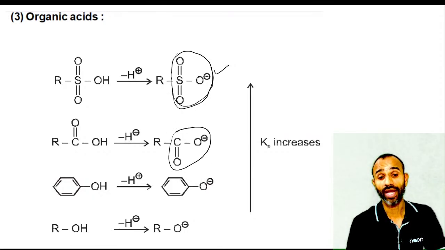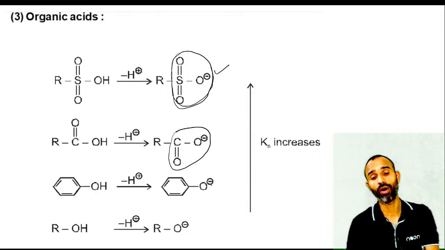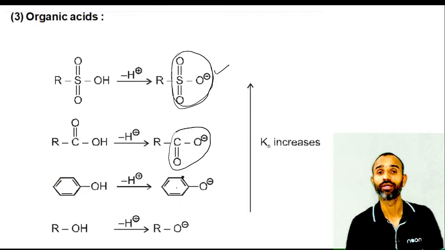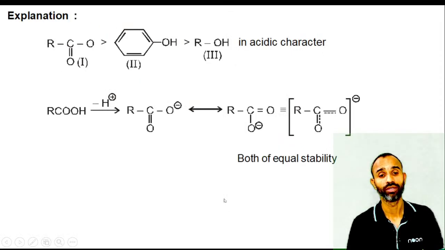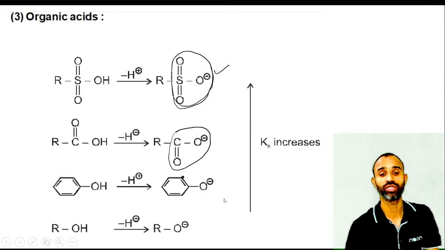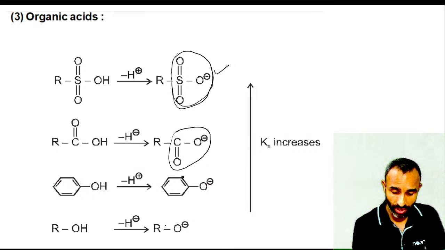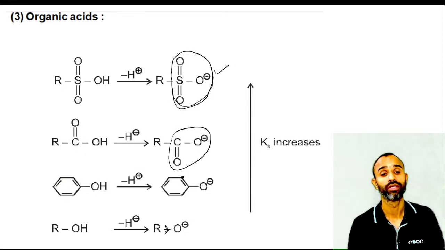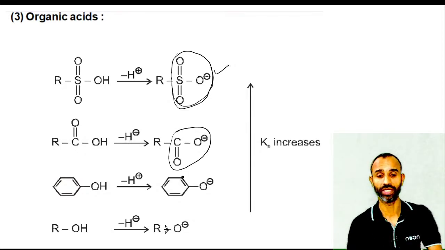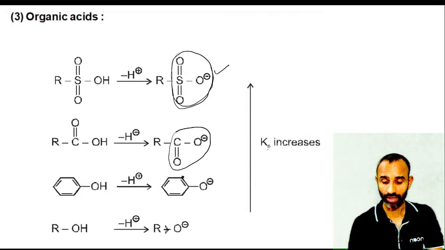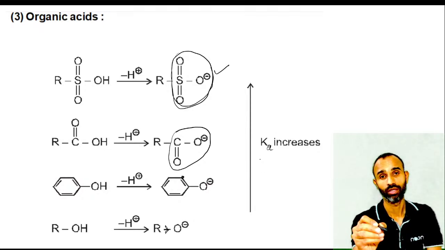Here the negative charge moves from oxygen to the less electronegative carbon, and that's why phenoxide ion is less resonance stabilized than carboxylate ion. And in the case of alkoxide ion, the alkyl group is electron donating, so that will decrease the stability. That's why the Ka value increases up the series.